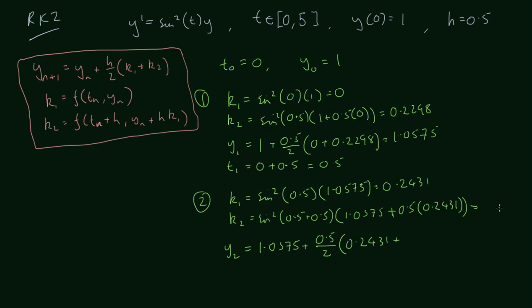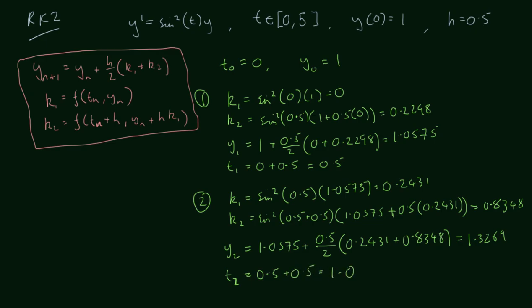K2 should have been 0.8348. That also goes in here, so this is actually 1.3269. I just copied down the wrong number. And we can also calculate t2, which is going to be equal to t1 plus h.